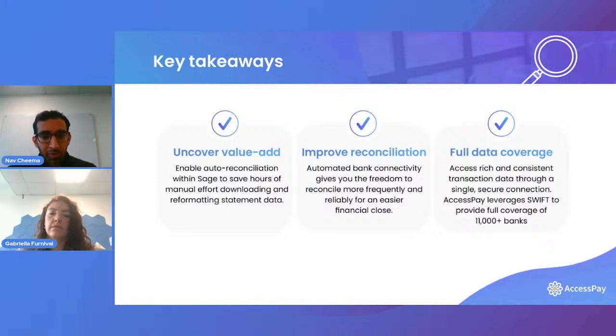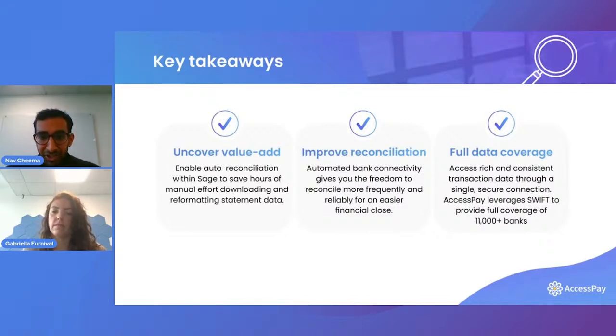So just to sum up on the key points that we've discussed today, AccessPay's integration with Sage enables users to leverage multi-bank connectivity by automating the delivery of bank statement data directly into their ERP.